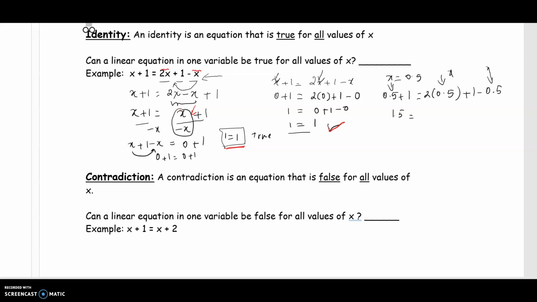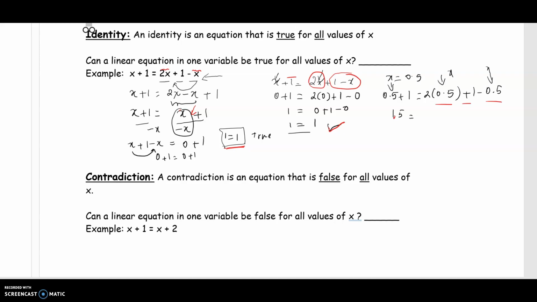Now, if I plug in 0.5 for x: 0.5 plus 1 equals 2 times 0.5 plus 1 minus 0.5. So what I did was I plugged in 0.5 on both sides of the equation.